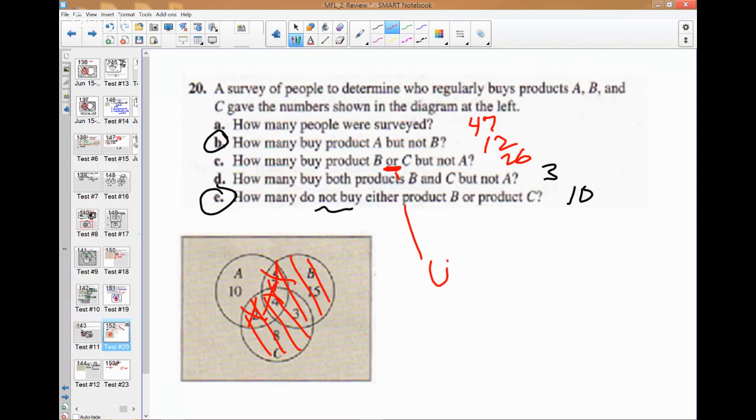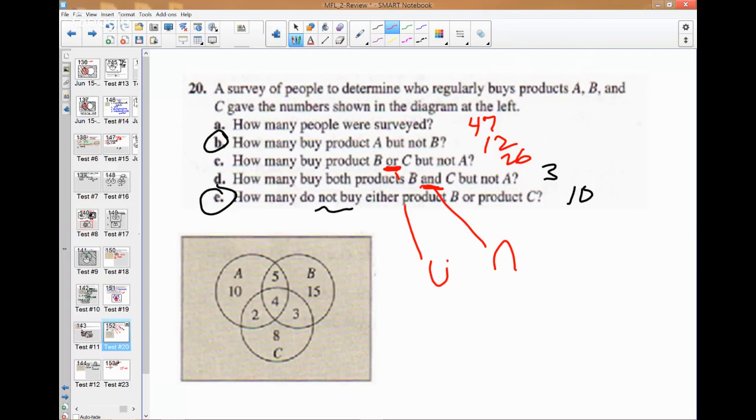Let's look at D. How many buy both products B and C? All right, let me erase my shading. I always make messes over here. Okay, so this time the key word is and. Everybody see that? And like Michelle said a few minutes ago, that's the intersection.